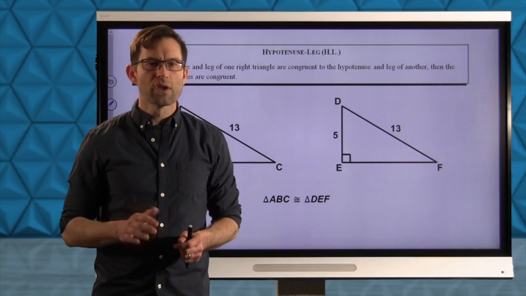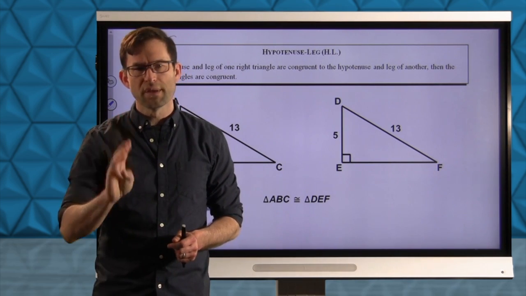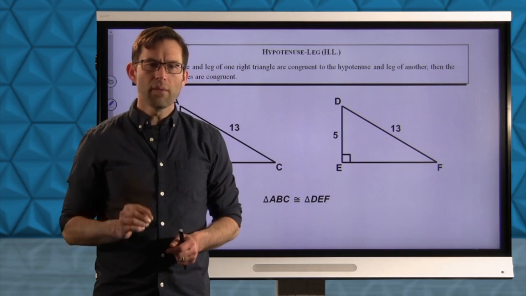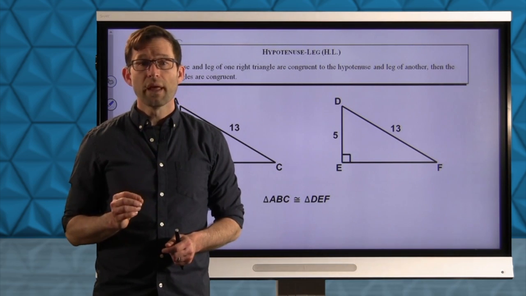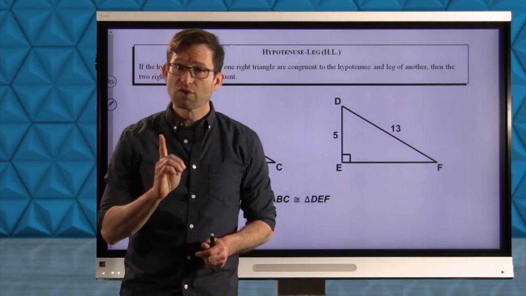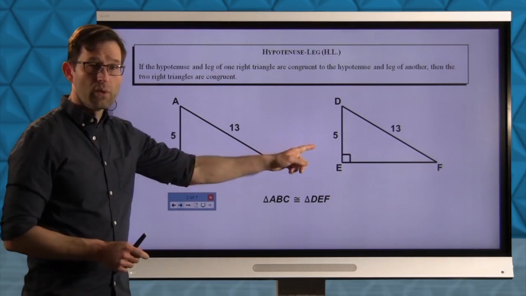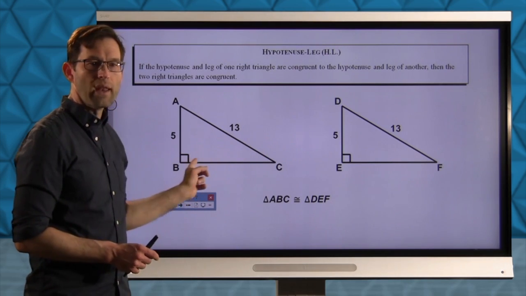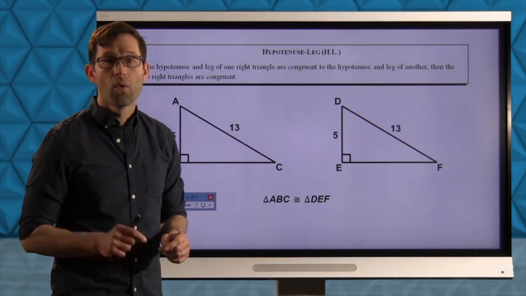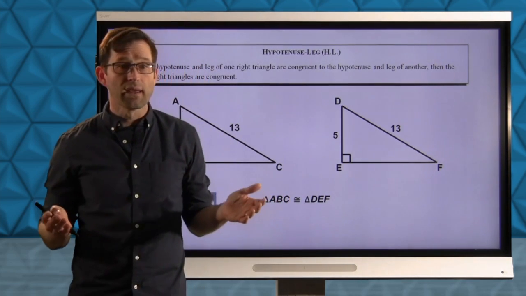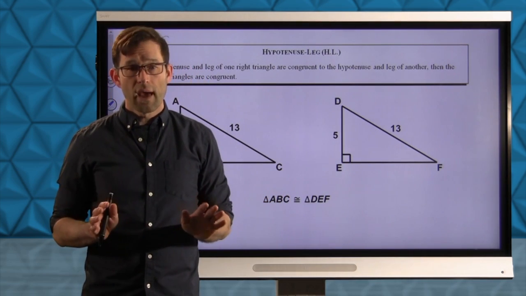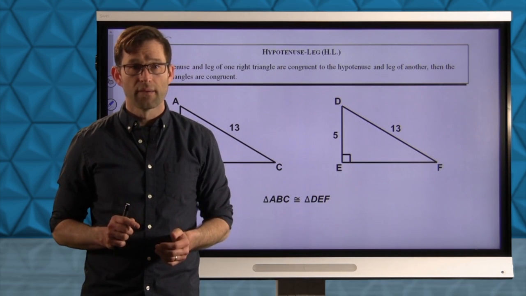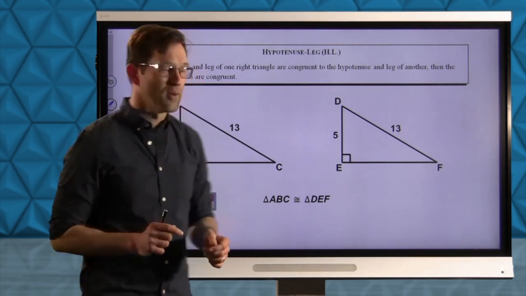That seems a little bit strange given that all the other theorems need three pieces of information: side, side, side; side, angle, side; etc. But if you think about it, and this is important, hypotenuse leg does need three pieces of information, because you have to have a leg equal to a leg, a hypotenuse equal to a hypotenuse, but you also have to have a right angle in both of the triangles, or they're not right triangles and hypotenuse leg can't be used. The first exercise that we'll get into in a moment will prove hypotenuse leg. So let's do that right now.